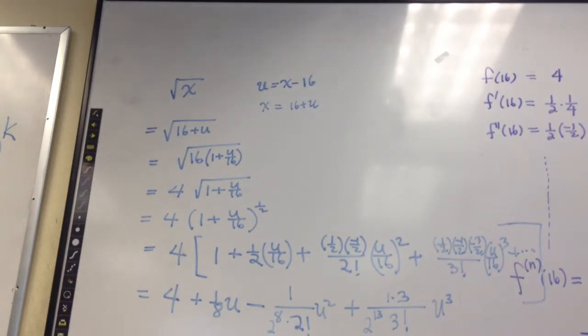And then 0 factorial here, 2 factorial here, and this is 1 factorial here. And x minus 16, which is u. So u to the 2nd power.